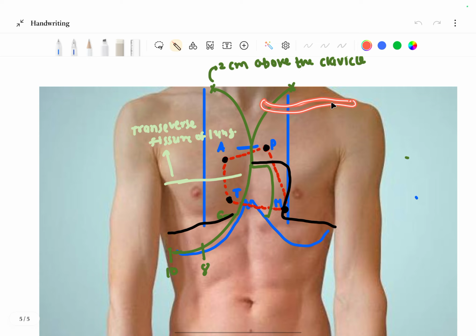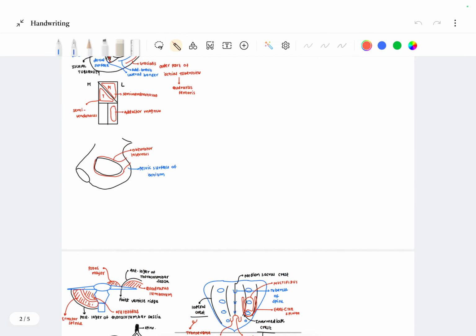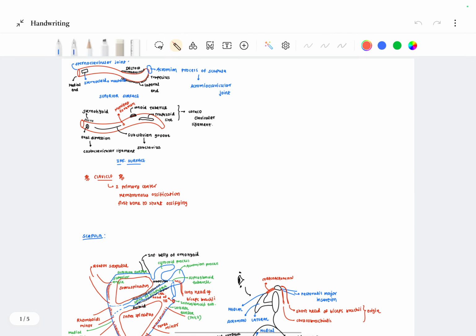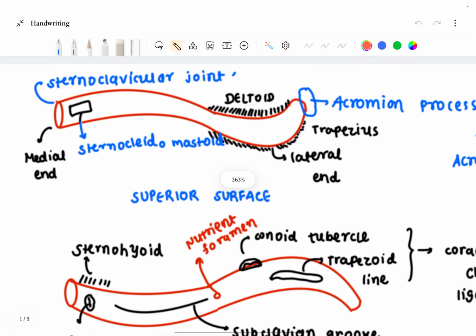The first point of the apex of the lung is at the junction between the medial 1/3 and the middle 1/3. So I will show you the clavicle. Just a minute, guys. So this will be your clavicle.